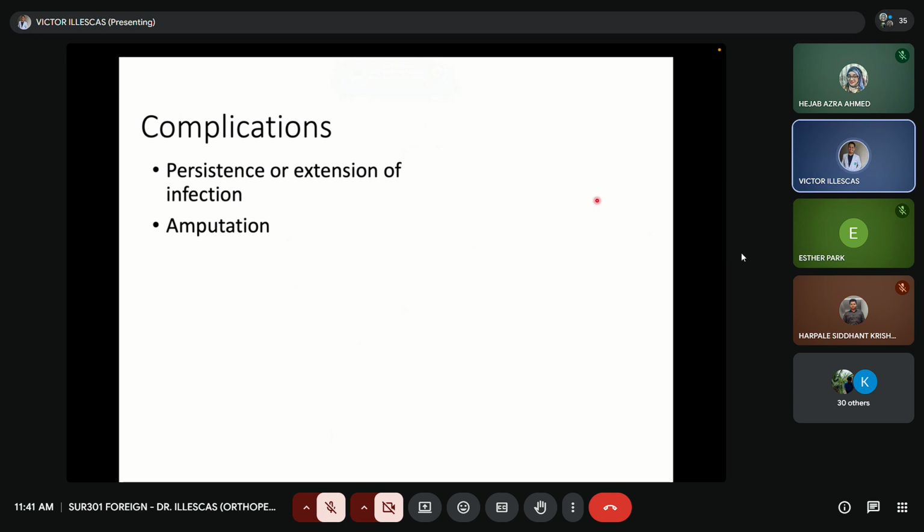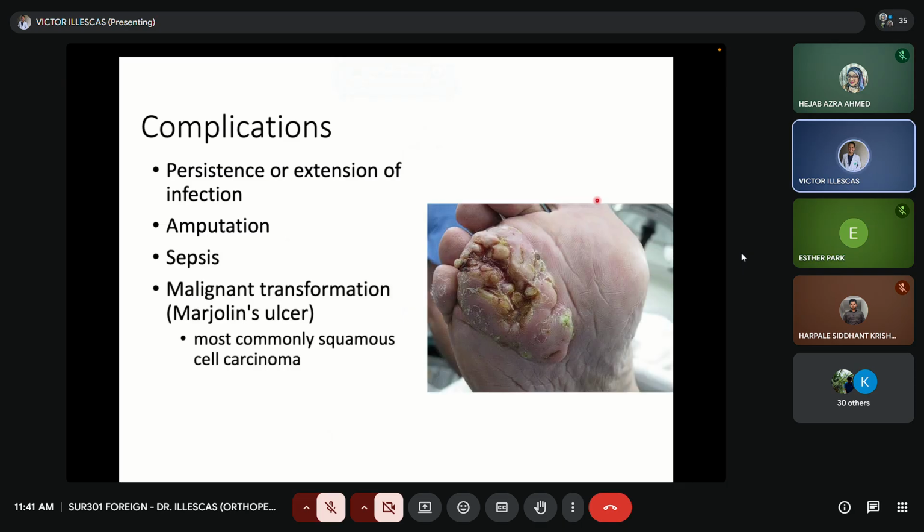Complications may be persistence of infection or recurrence of infection that may lead to amputations. It may also lead to sepsis if the infection is not treated properly. And if the infection is neglected for more than 2 years, it may lead to malignant transformation, such as squamous cell carcinoma, seen in this picture here.